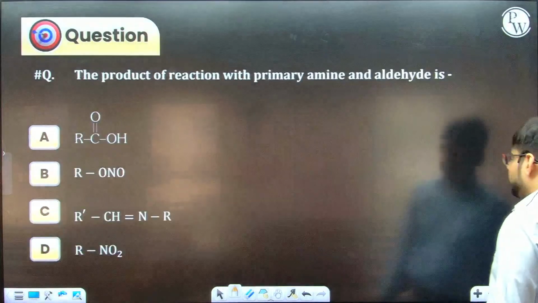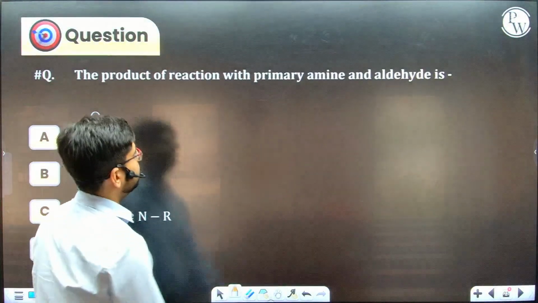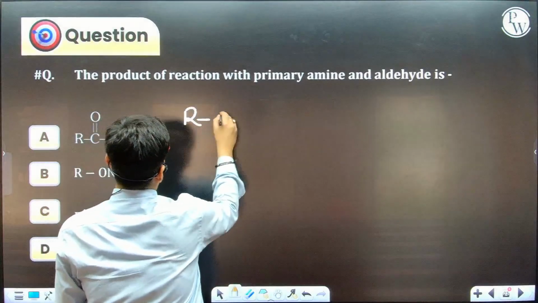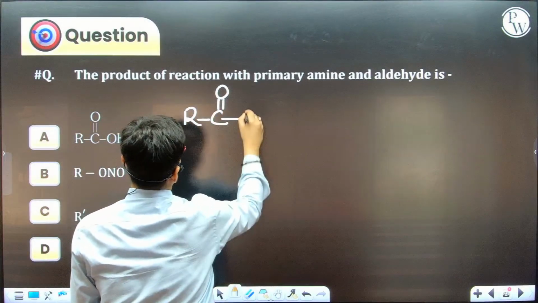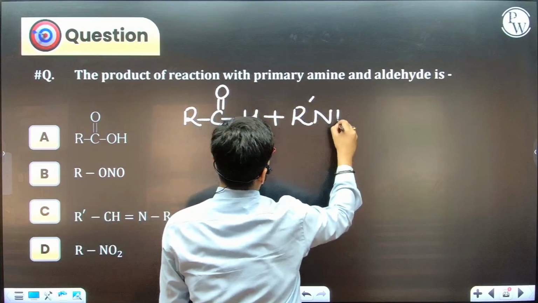Next question. The product of reaction with primary amine with aldehydes is, okay, interesting one. This is an aldehyde. A primary amine may be represented like this.